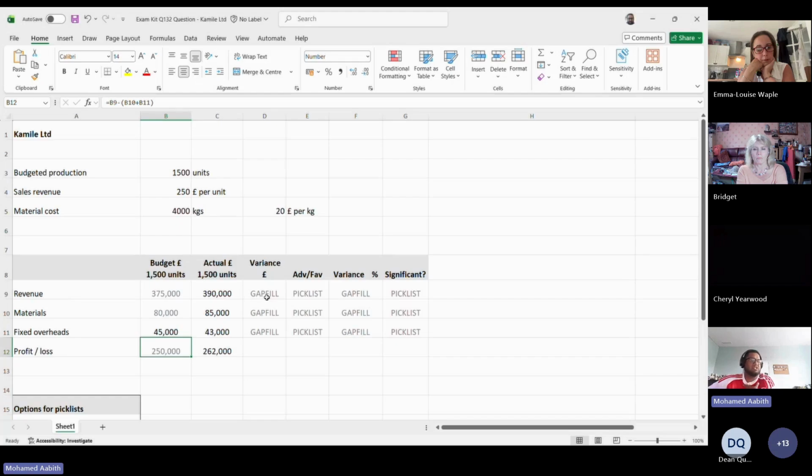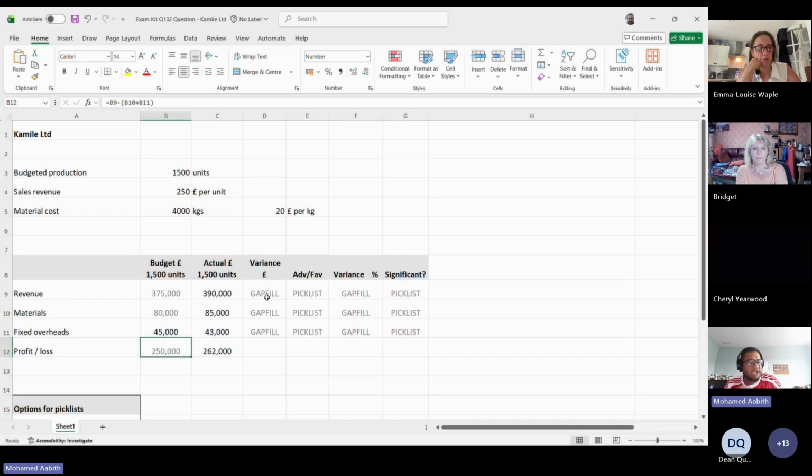Say my budget is 100 pounds, but I have achieved revenue of 110 pounds. It's good for you because you earned more than you budgeted for. But for the expenses, it is the other way around. You have a budget of 50 pounds, say, and you spend 60 pounds. You spend more, therefore that is a bad variance or an adverse variance.